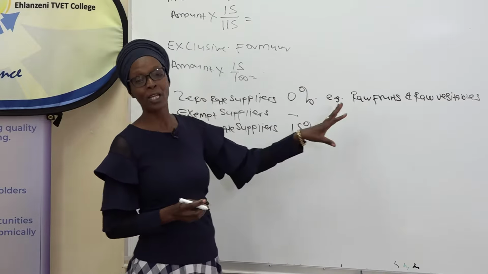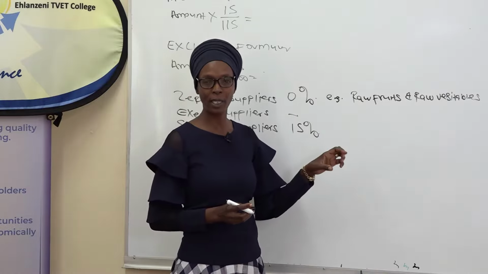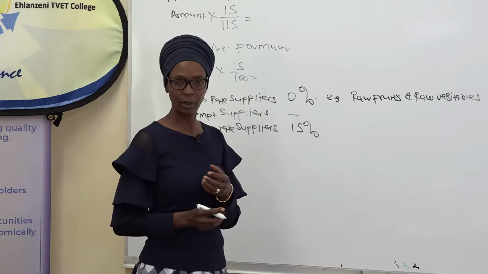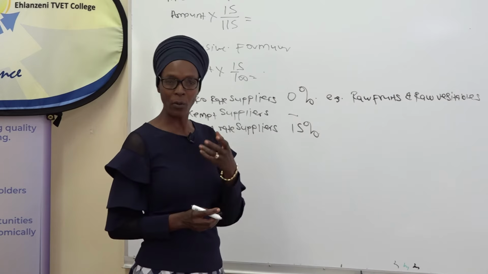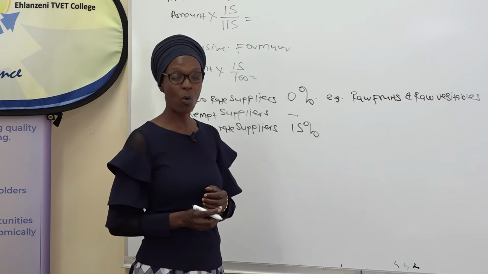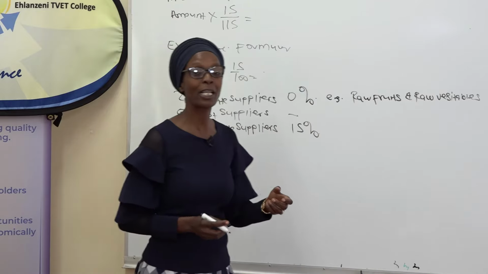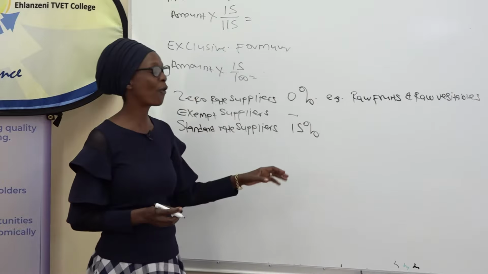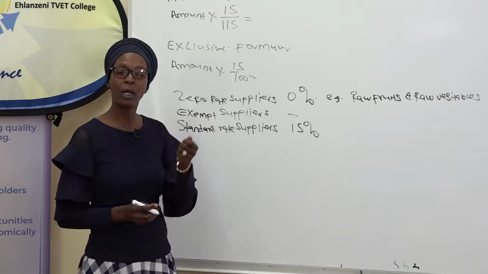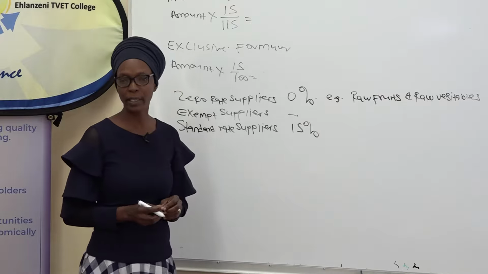But if the raw fruits undergo a process of becoming a juice, for instance, if you buy an apple, the apple is without VAT. It falls under zero rate. Once they process the apple into juice, then that apple juice will fall under standard rate because it has undergone the process. It is 15% VAT now.